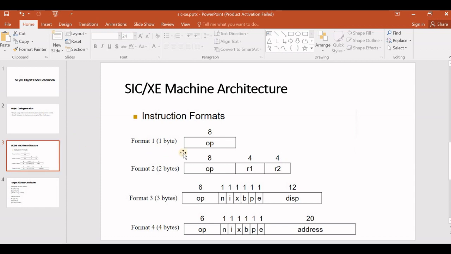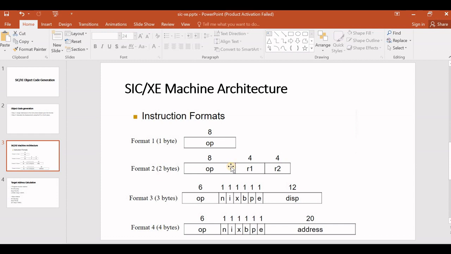An example of a format 1 instruction is return from subroutine. RSUB is an example of a format 1 instruction where you have only the opcode and you don't have the operands. Coming to the format 2 instruction format, it takes 2 bytes: 8 bits for the opcode and 8 bits for the operands. Among these 8 operand bits, 4 bits are reserved for register 1 and the remaining 4 bits for register 2.